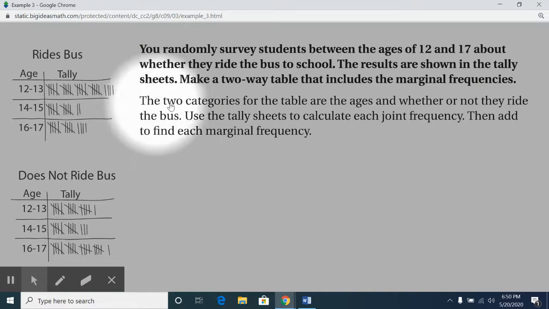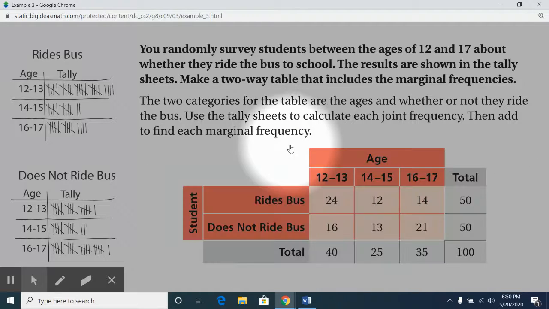All right, so it says the two categories for the table are the ages and whether or not they ride the bus. All right, so one's going to be our columns, one's going to be our rows. It says use the tally sheets to calculate each joint frequency, and then we can add to find each marginal frequency. Okay, so what they did is they chose to use age as their columns. So we have 12 to 13-year-olds, 14 to 15-year-olds, 16 to 17-year-olds as our columns.